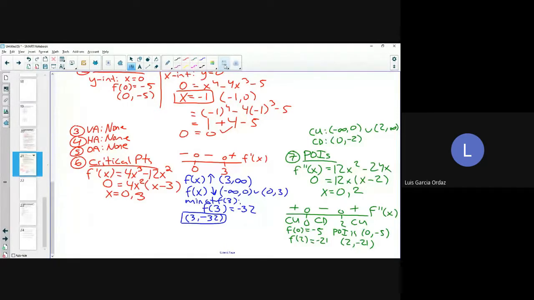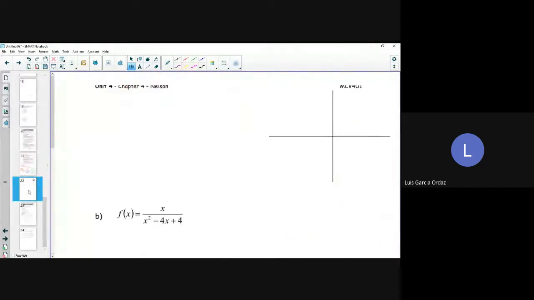So now with that said, I am able to figure out how to graph this function. So let's figure this out. We know my y-intercept is at (0, -5). And from our previous page, (0, -5) is also considered to be a what? Point of inflection.